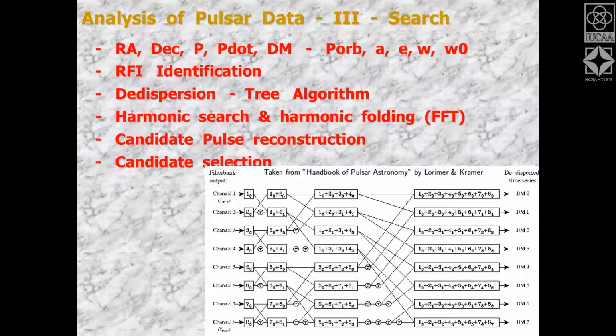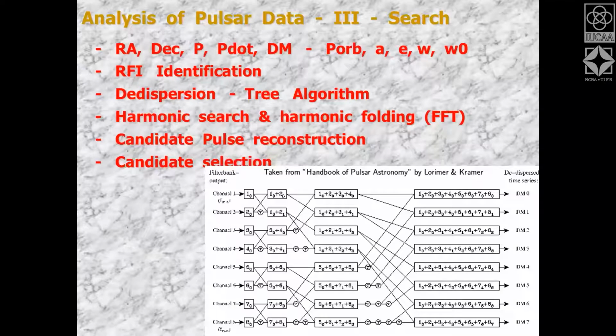The center point of each of these beams will have an RA and DEC. And if you detect a pulsar in a given pointing, you know that its approximate position is that RA and DEC. So that is the first part of the survey.